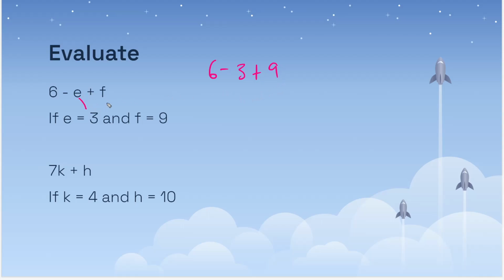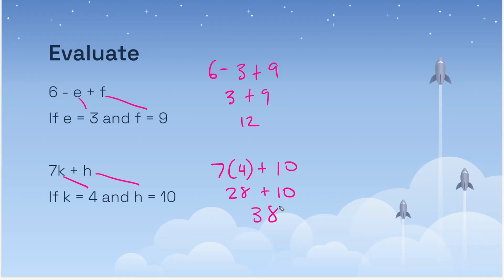E equals 3, f equals 9. 6 minus 3 is 3, plus 9 is 12. 7k plus h. K is 4, so 7 times 4 plus h, and h is 10. 7 times 4 is 28, plus 10, 38.